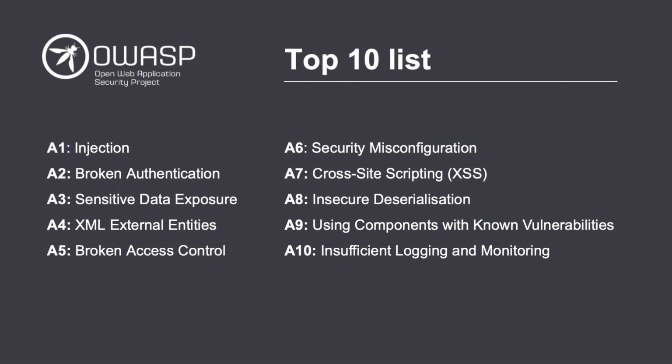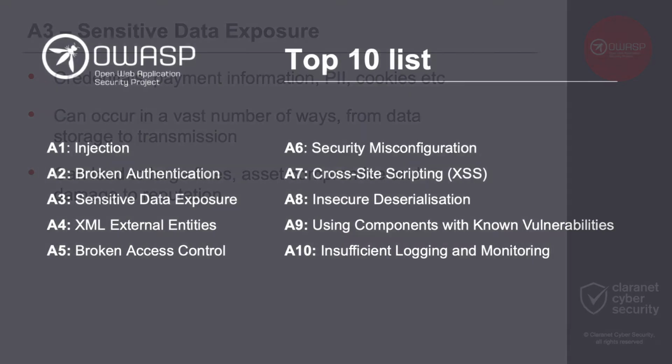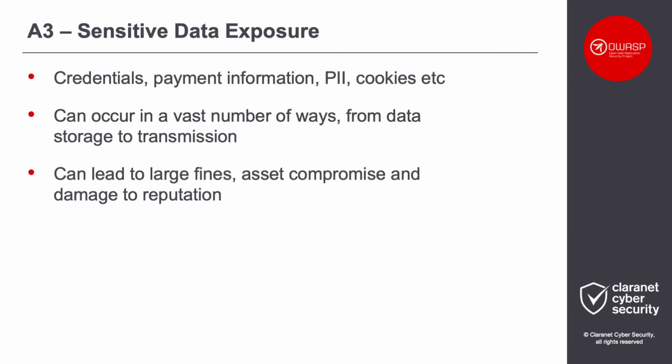So this is the top 10 list as it currently stands, and as you can probably imagine, today we're going to be looking at the A3 entry, which is sensitive data exposure. So sensitive data is something that's very difficult to define. It can be anything from credentials to payment information to personally identifiable information, cookies, medical records.